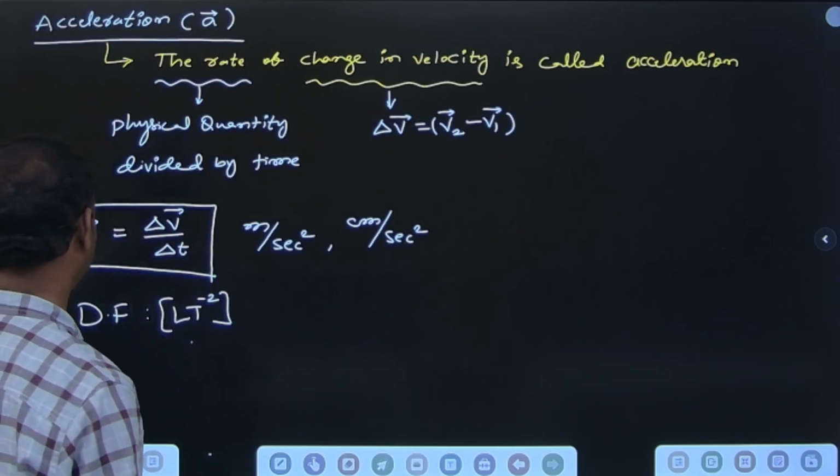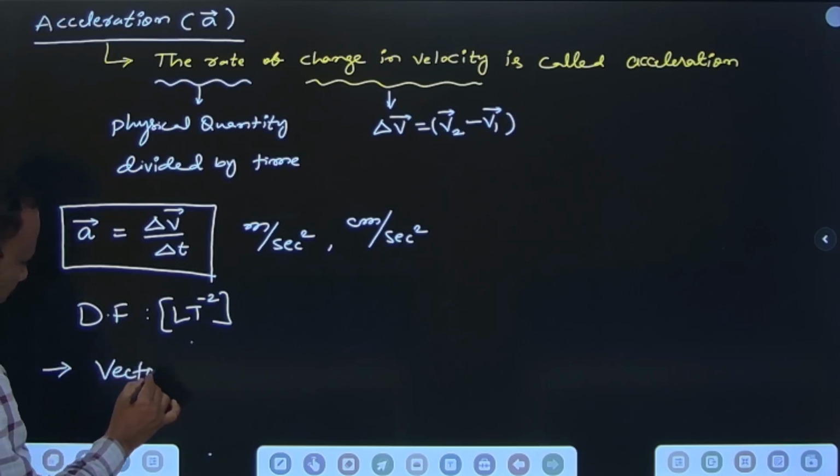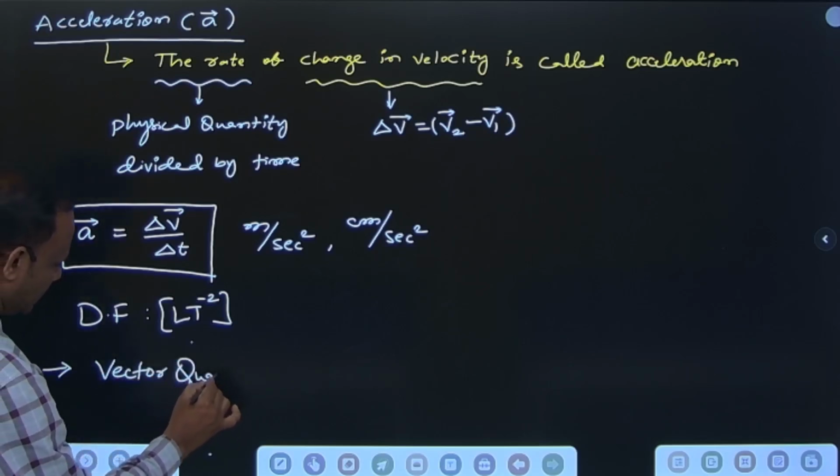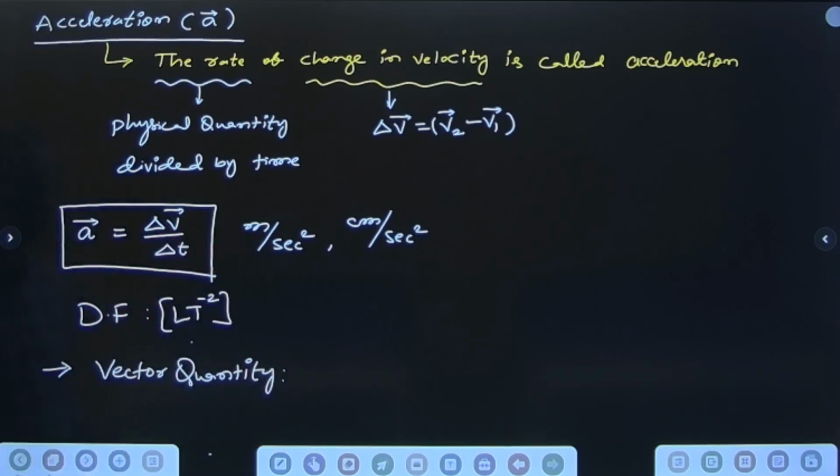So this is the acceleration. And the nature of acceleration means it is a vector quantity.